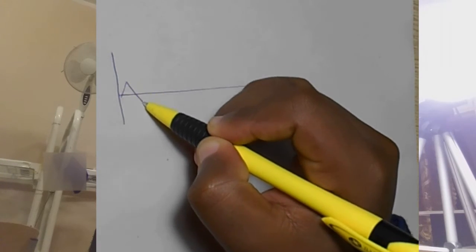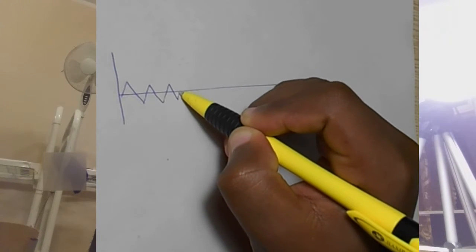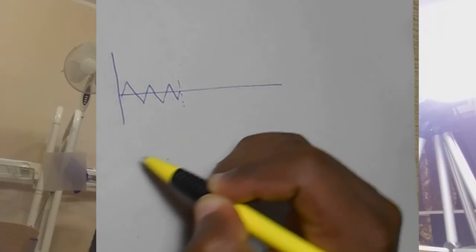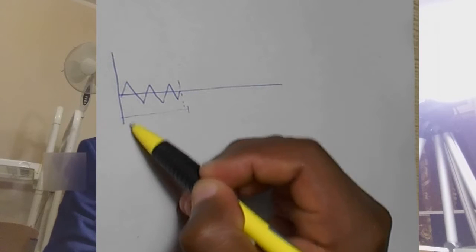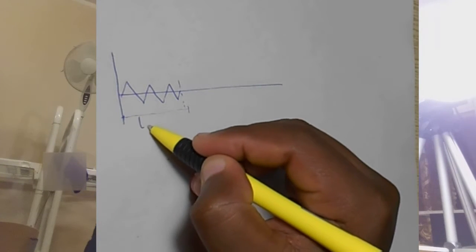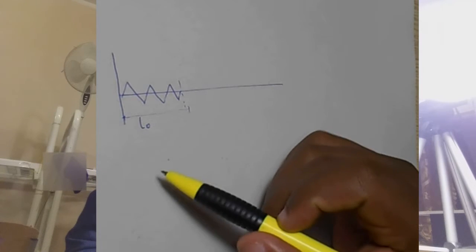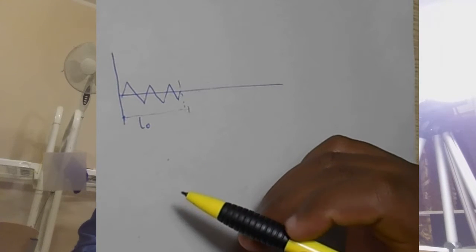Given that we have a spring and this spring is length L0. This is the original length of the spring.